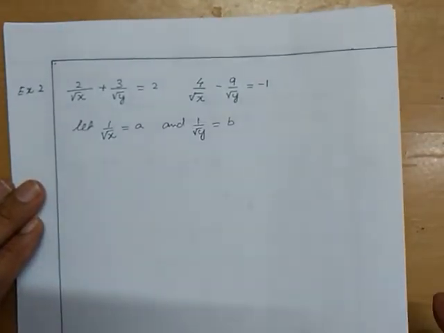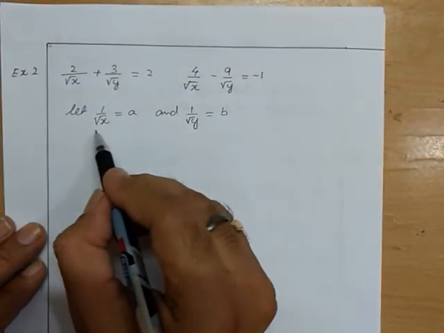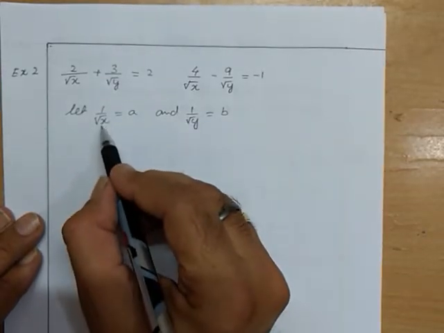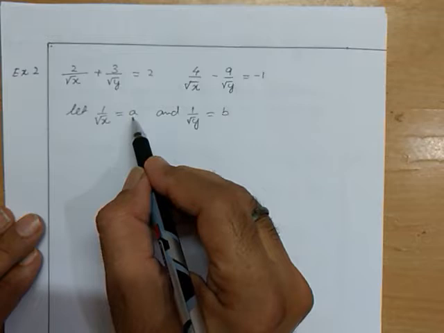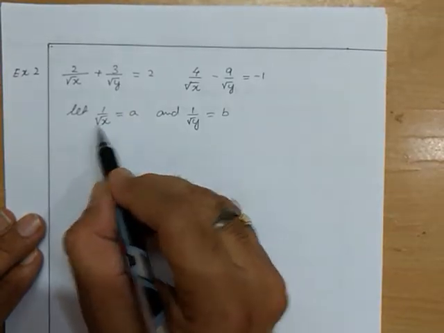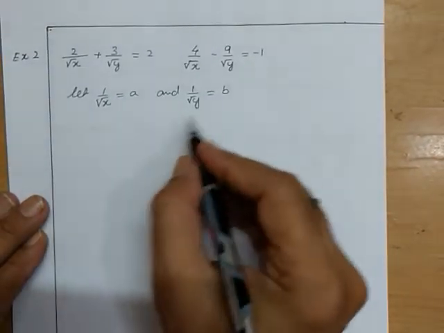Now you may say that in the previous question also I have taken a and b. We can take any other variable other than what is written here. If I am having 1 upon root x, then we cannot take it as 1 upon root x is equal to x. We will take a variable other than x and y. So here we got it.